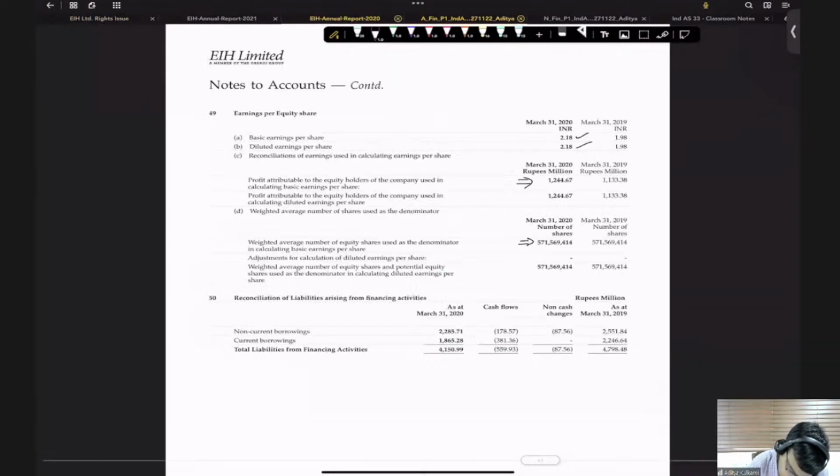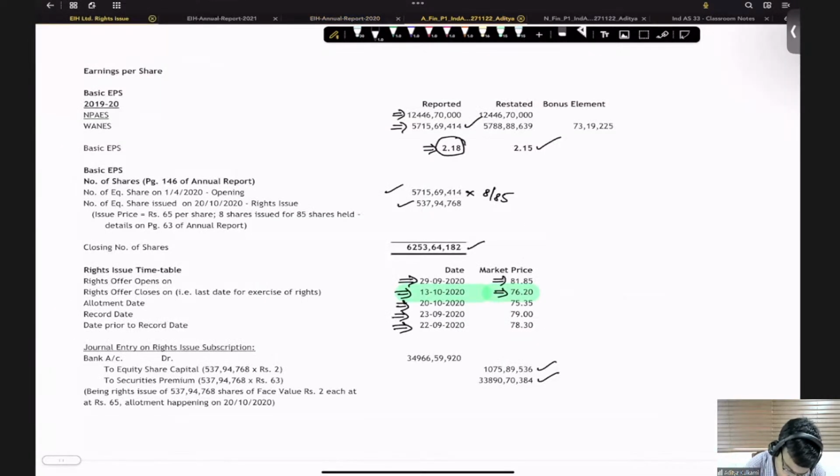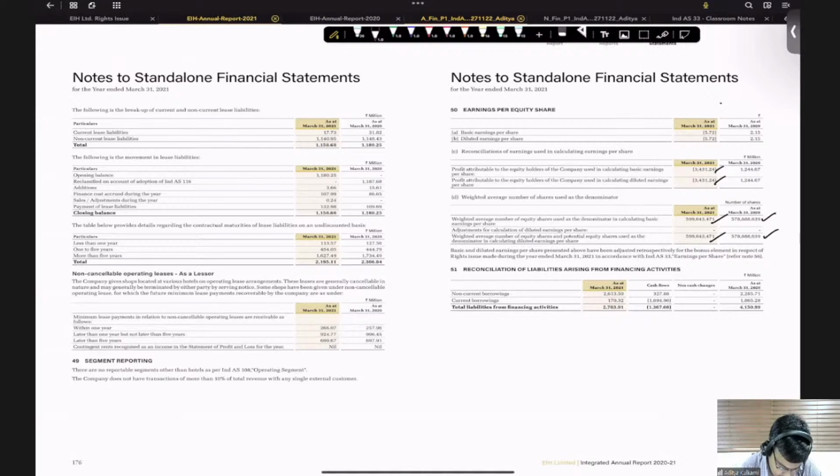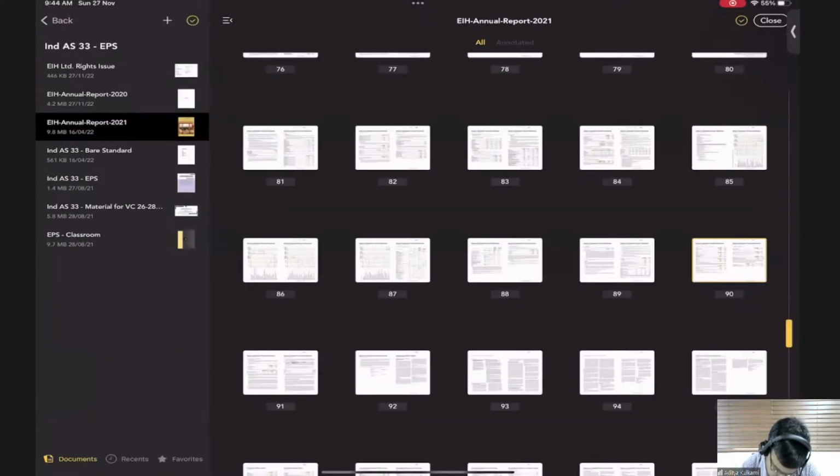So 2.18 was the basic EPS which was reported in 2019-20. Okay. Now let us come to the 2021 annual report, where there is a rights issue. So this is on page number 63 of the annual report.